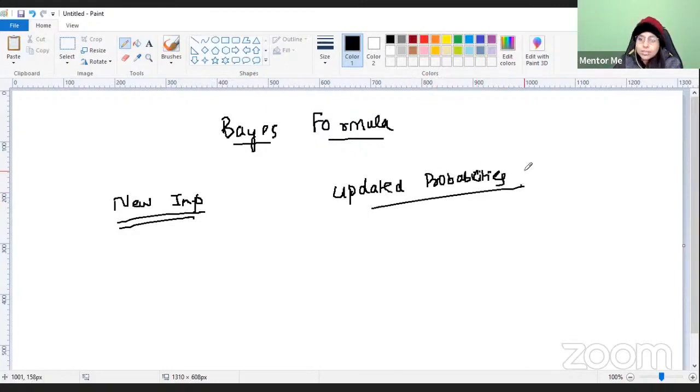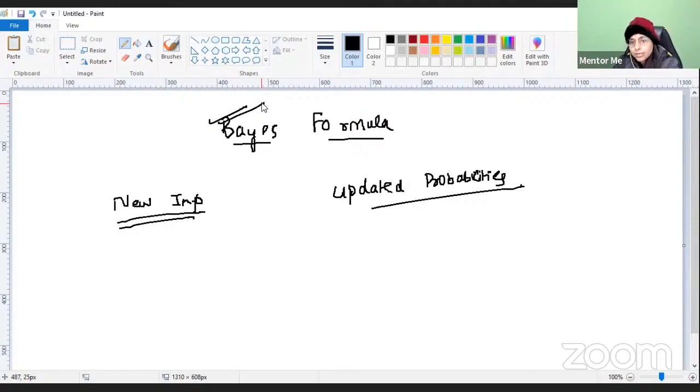When we have some new information and based upon that new information we want to calculate the updated probabilities, we refer to it as the Bayes formula, okay.